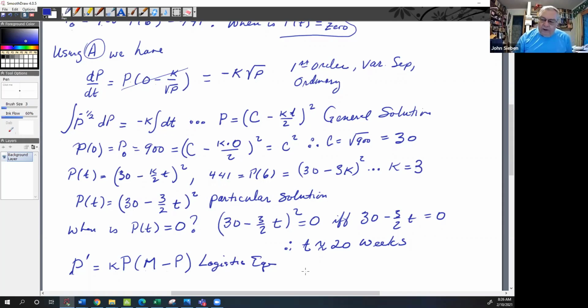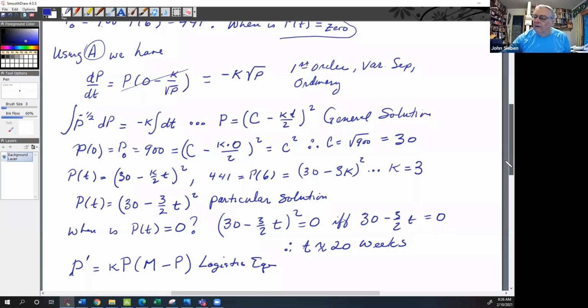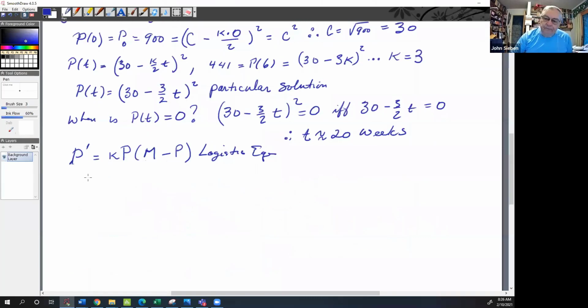And the equation would graph something like this. We'll let this be a time axis, and this can be a population axis.